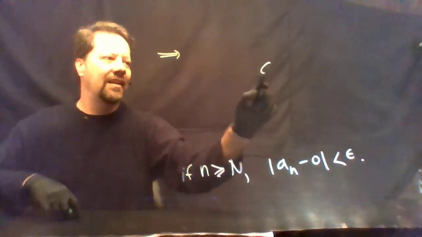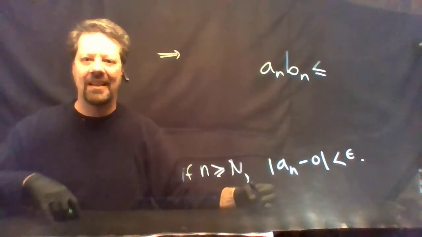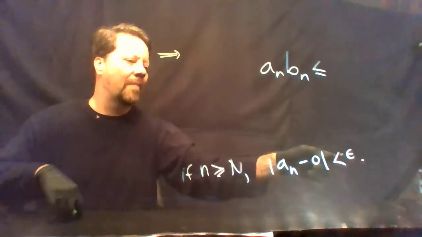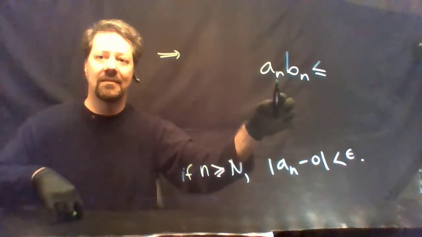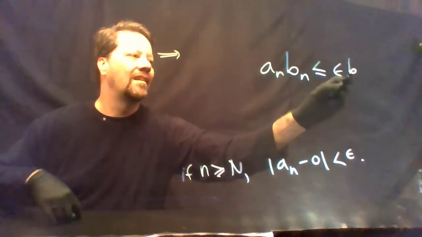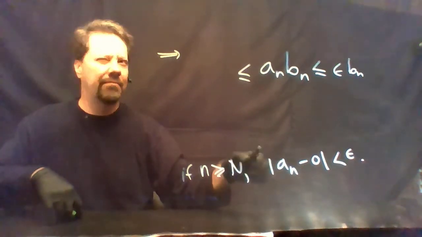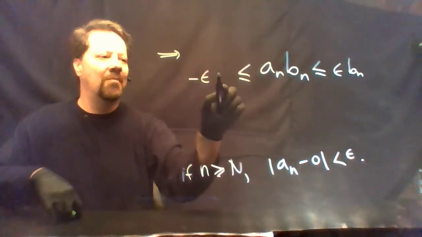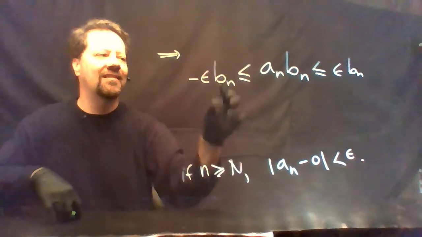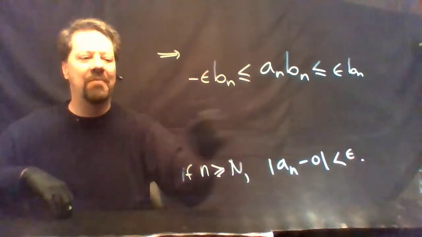It follows then that a sub n b sub n will be less than or equal to, well, a sub n is smaller than epsilon, and bigger than or equal to, how about minus epsilon? We can now use the direct comparison test.